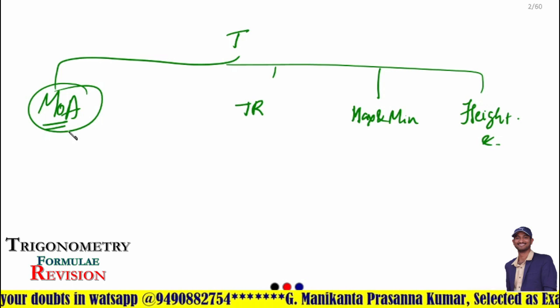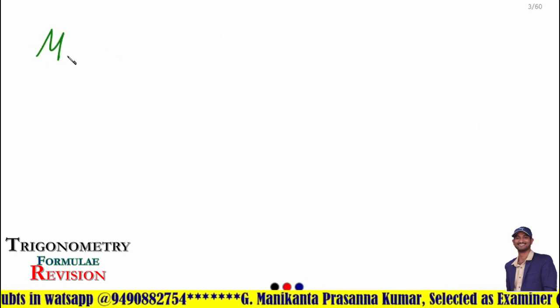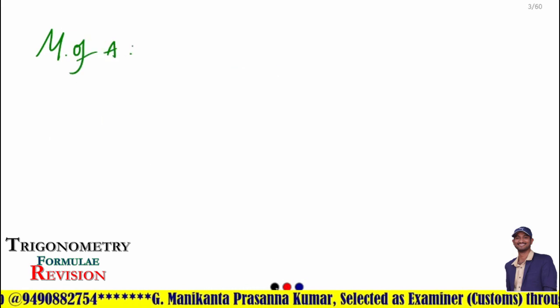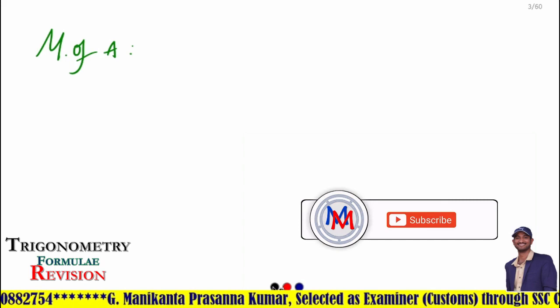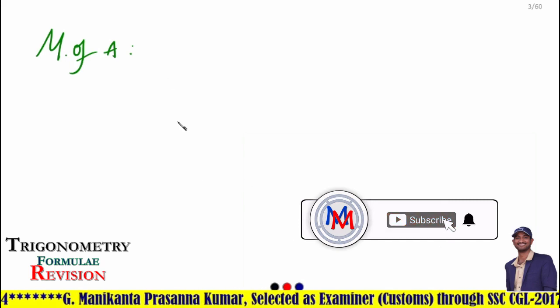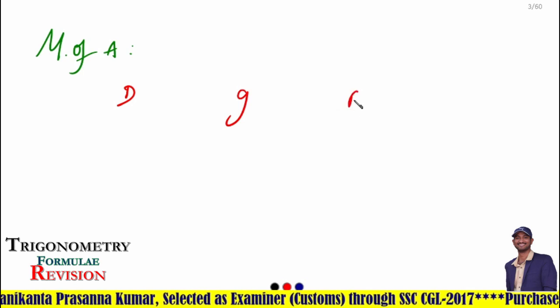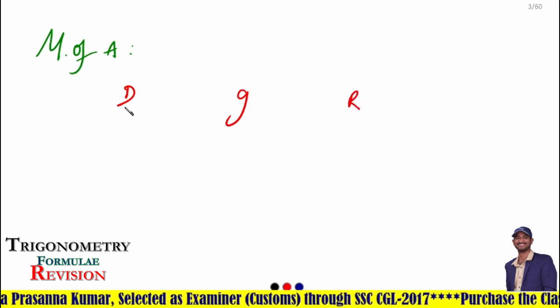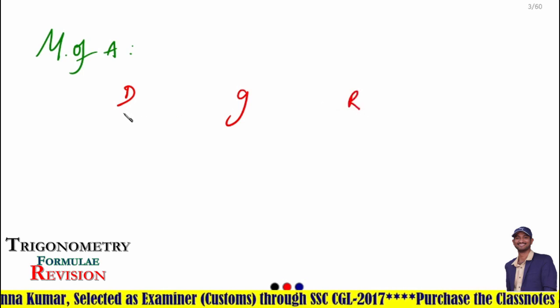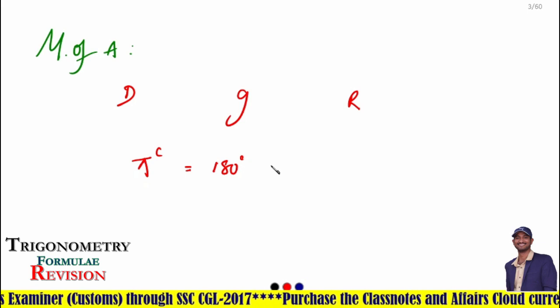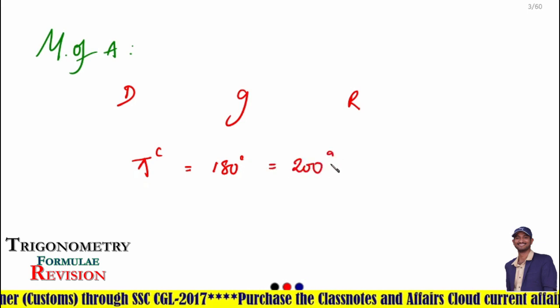First we'll start with measurement of angle. How can we measure an angle? Angle can be measured in three systems. One is degrees, another one is grades, and another one is radians. There is a relation between these three systems. What is that? Pi radians is equal to 180 degrees is equal to 200 gradians.